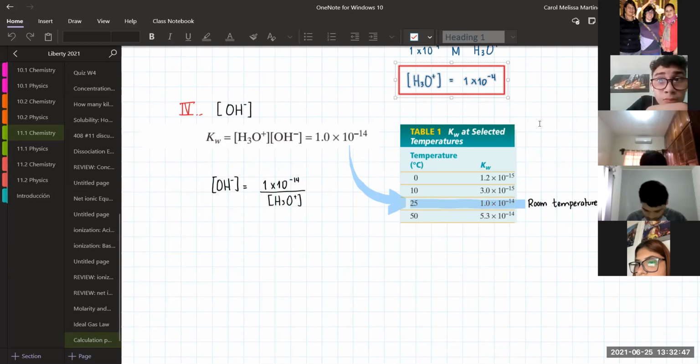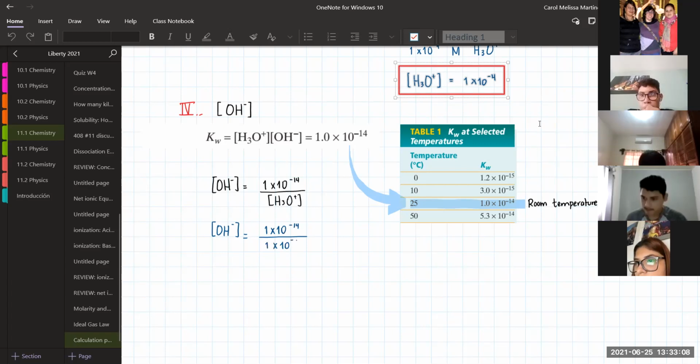Now, what we're going to do is substitute. So the OH minus concentration is going to be equal to 1 times 10 to the negative 14 power divided by 1 times 10 to the negative 4th power. How much do you get from that?